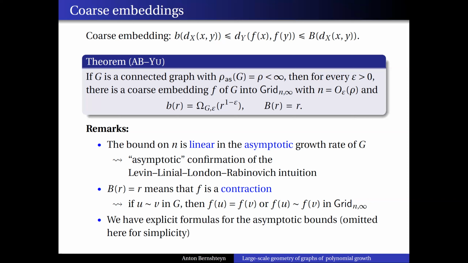But once you think about asymptotic growth rate, it makes perfect sense to ask whether you can make n be rho plus a constant, or rho plus some lower order term. Does the constant factor in front of rho have to be strictly greater than 1? I don't know the answer to this. At this point it's an interesting question.